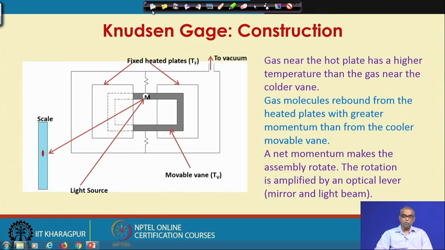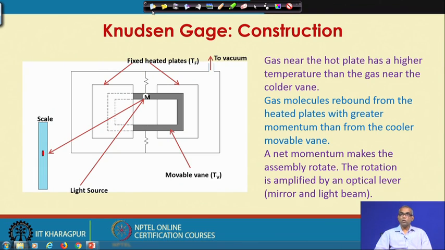So, the gas is admitted to the chamber. Now, gas near the hot plate will have a higher temperature than the gas near the colder vane, because I have heated up these two fixed plates. Let us consider the movable vane's temperature is the same as the temperature of the gas.